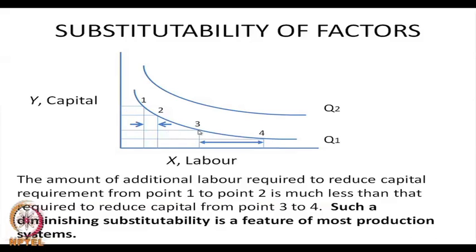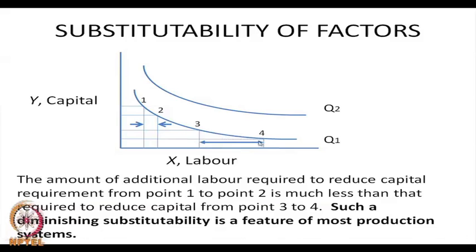Now consider points 3 and 4. From 3 to 4, you are also using more labor and less capital, but you will realize that the extent of labor required to move from 1 to 2 is much less than when you move from 3 to 4.